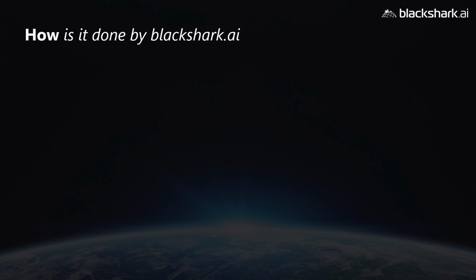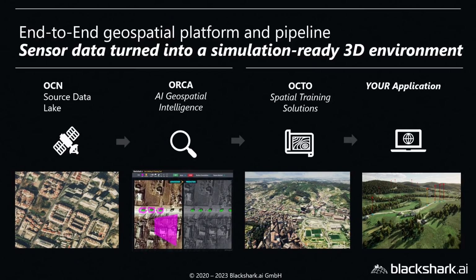So let's have a closer look at how we are doing it. We have several products and toolkits along the end-to-end geospatial platform and pipeline, which allows us to turn freshly collected or available sensor data, by all means, into a simulation-ready 3D environment fully automatically.